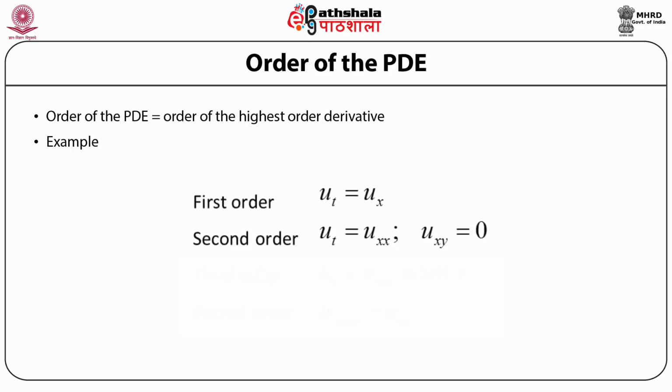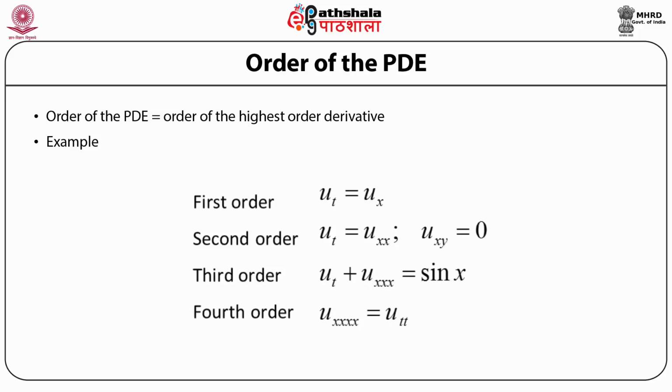Second order will be u_t = u_xx. Now u_xx is second order, so we write it as second order. But u_t is only one order, and it is not the highest derivative. Third order is similarly u_xxx, which has ∂x³ in the bottom, that's why it is third order. And fourth order is when it is differentiated 4 times.